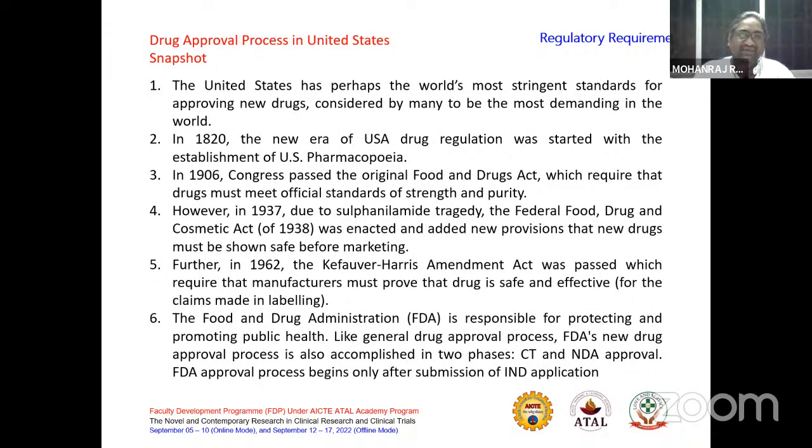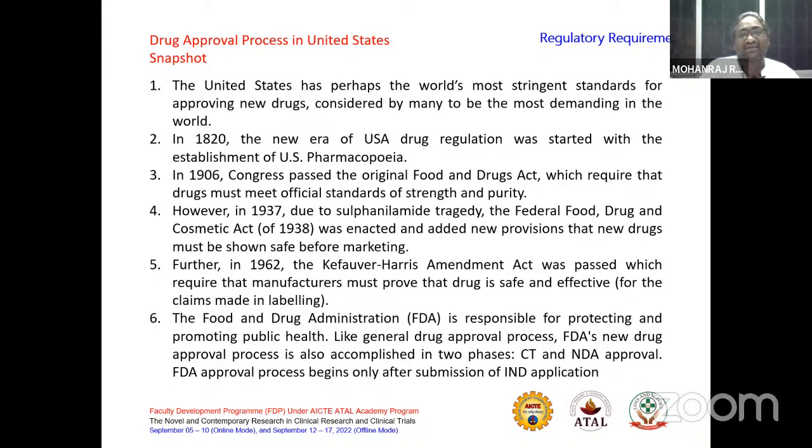If you take the hierarchy of regulatory development in the United States, in 1820 the new era of US drug regulation started with the establishment of the United States Pharmacopoeia, USP. Congress passed the original Food and Drug Act in 1906, which required that a drug must meet the official standard of strength and purity.